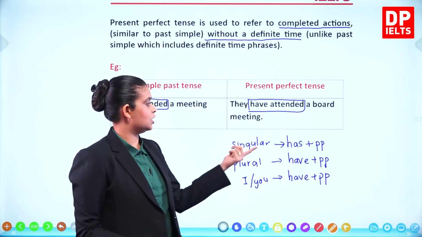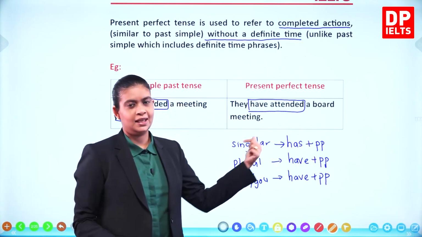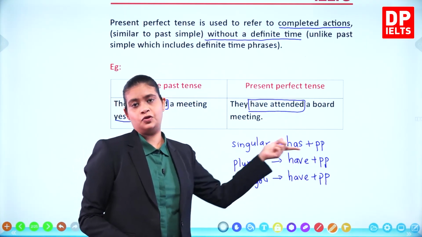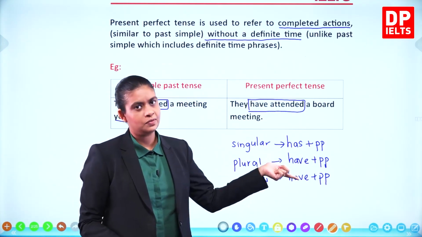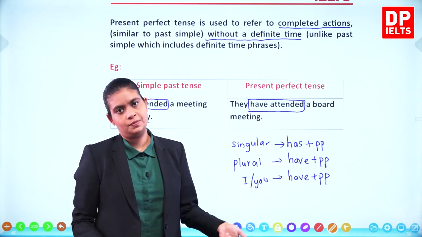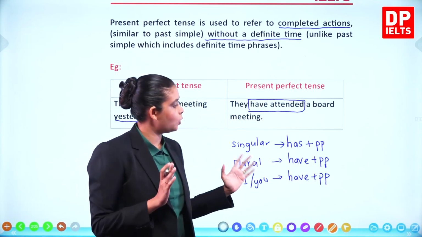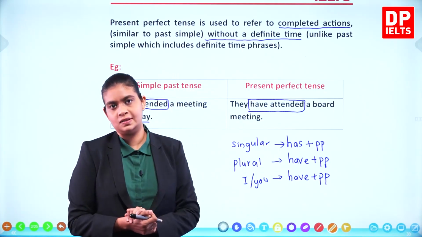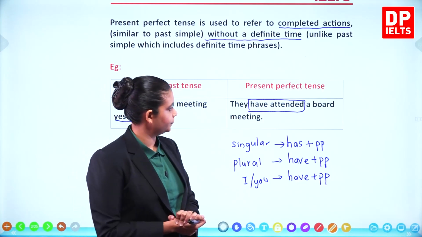Okay, so she has jumped, he has jumped, it has jumped, they have jumped, we have jumped, I have jumped, you have jumped. Okay, so the form is has or have plus the past participle of the verb.